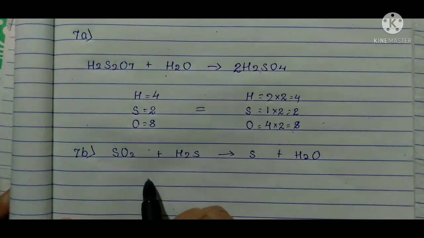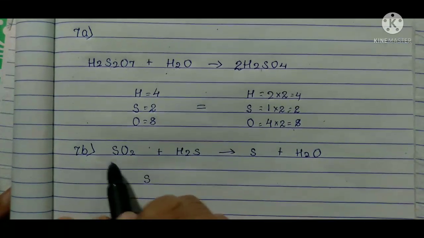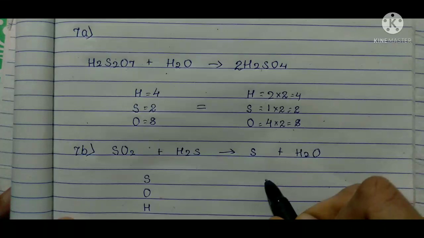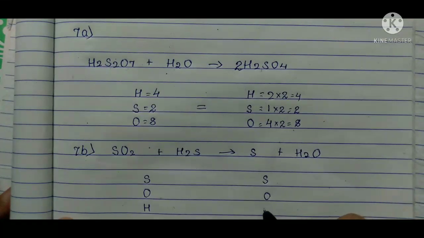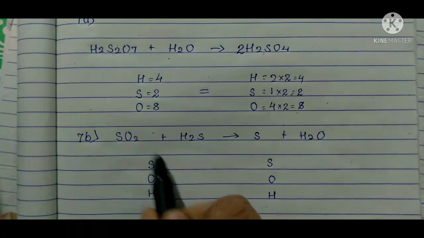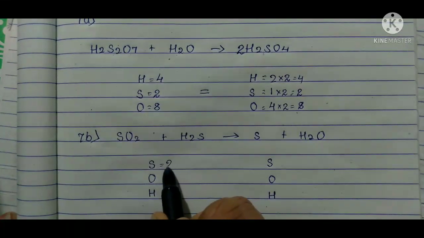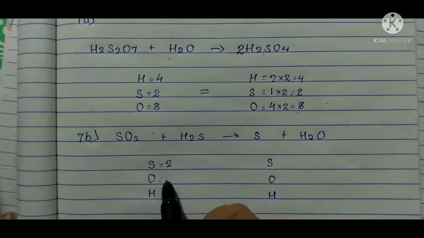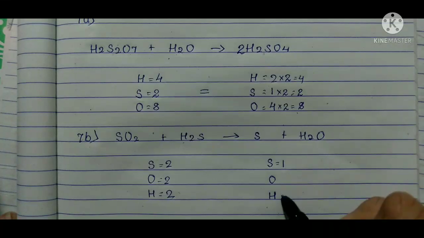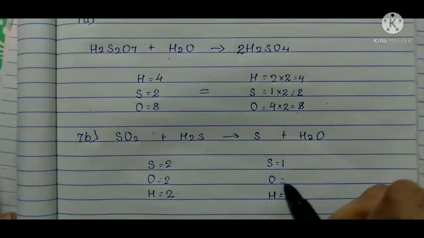How many sulfur can you find? First I'll write the symbols. Sulfur, oxygen, hydrogen, same thing, sulfur, oxygen, hydrogen. Okay, how many sulfur? Sulfur is 1, 2, oxygen 2, hydrogen 2, sulfur 1, hydrogen 2, oxygen 1.